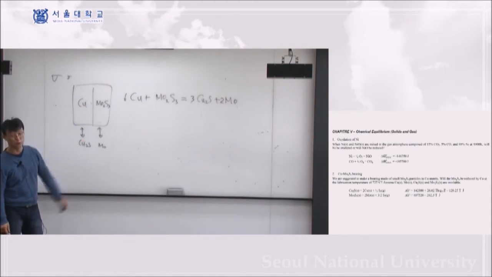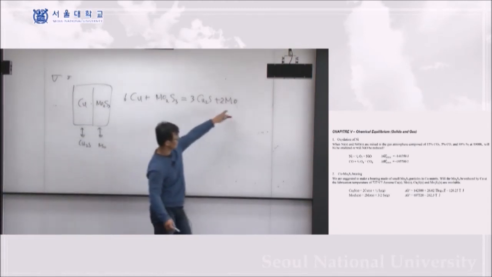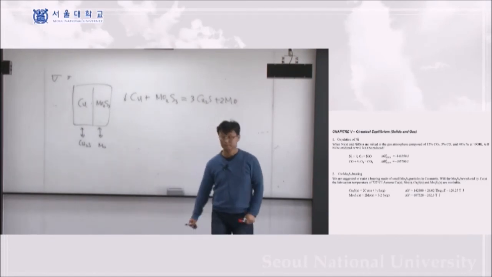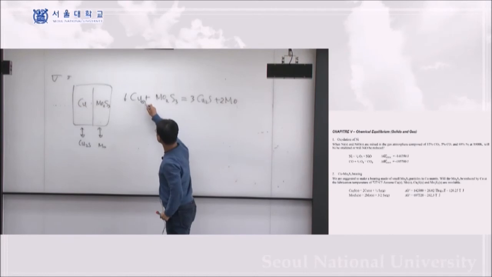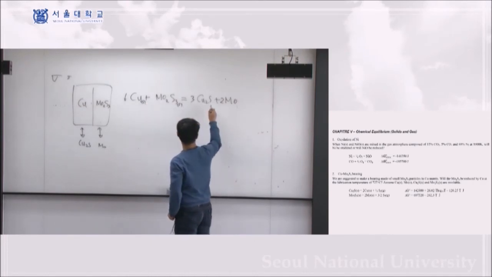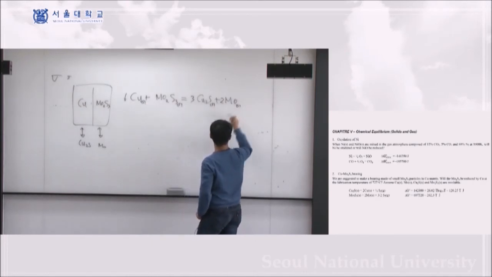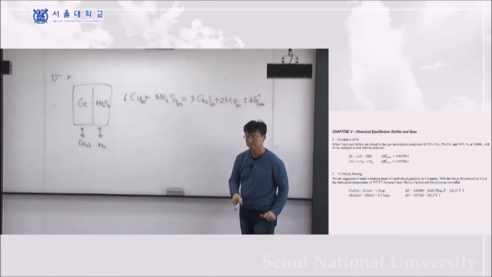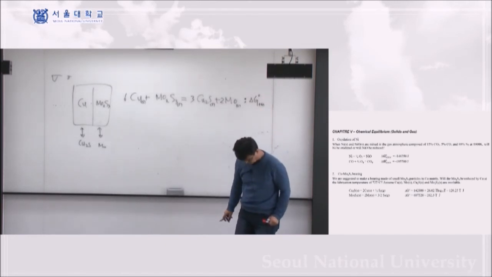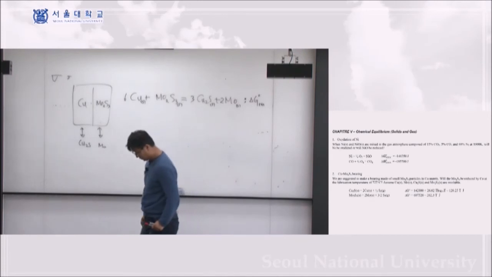The copper and the MO2S3 can react together to give Cu2S and MO, or not. And this is a solid phase, and this is a solid phase, and solid phase, all solid phase, at equilibrium. And delta G of reaction.